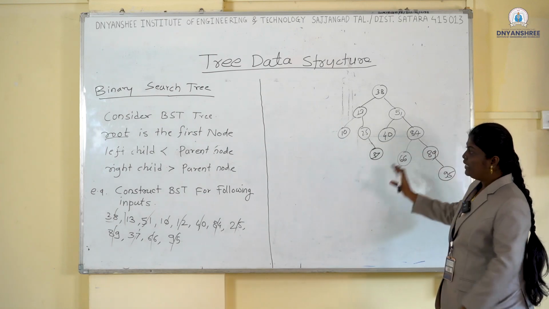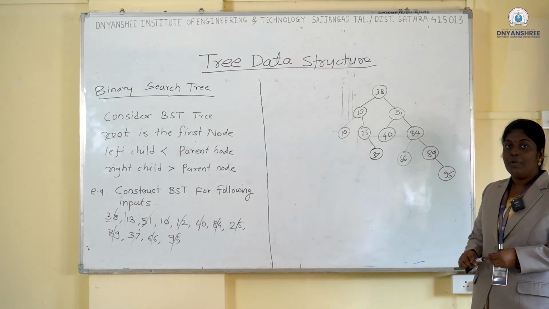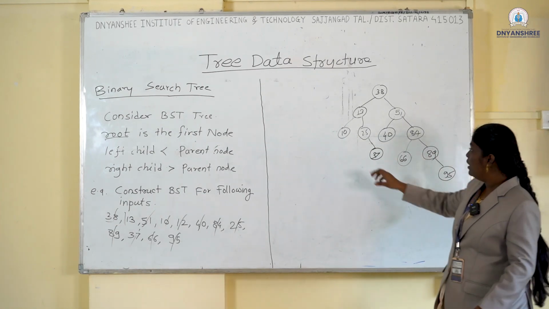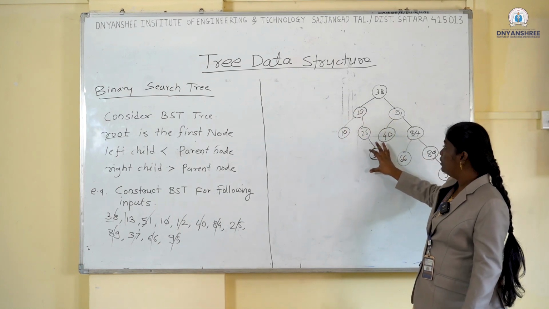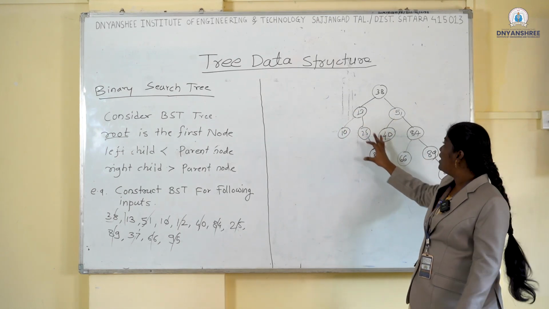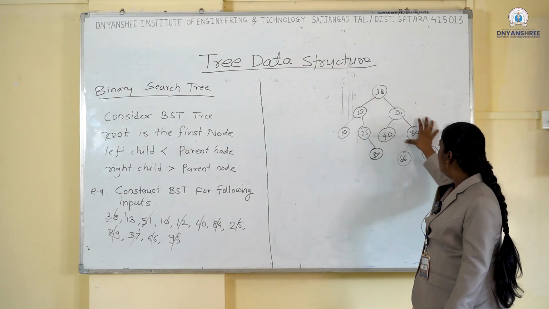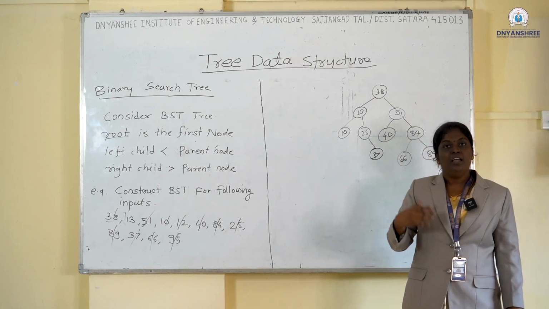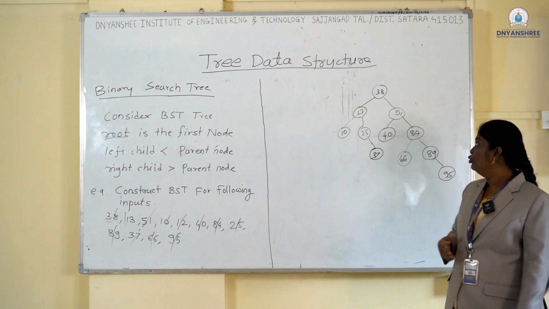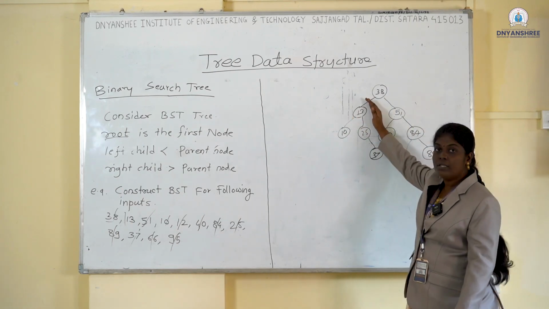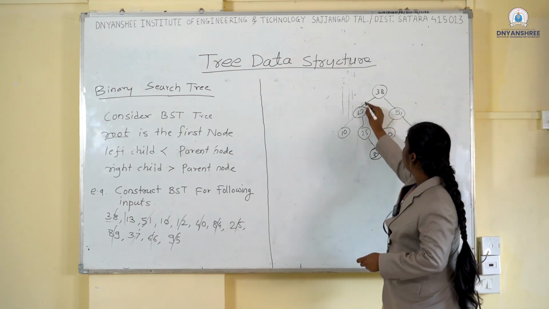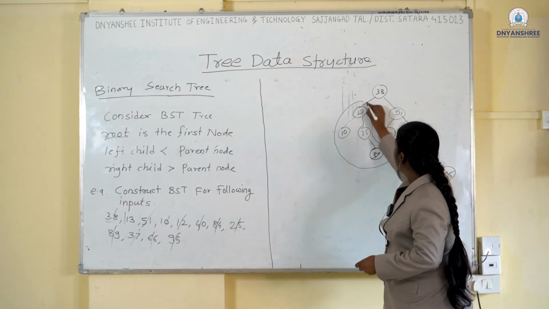This way we can test against the condition of a binary search tree. See here, 38: all the nodes present in the left subtree are less than the root node, and all the values present in the right subtree are greater than the root node. Again, we'll skip this part and look at this particular subtree.